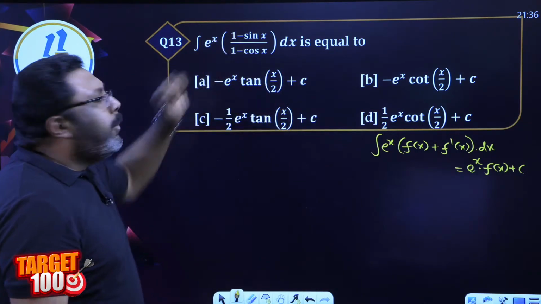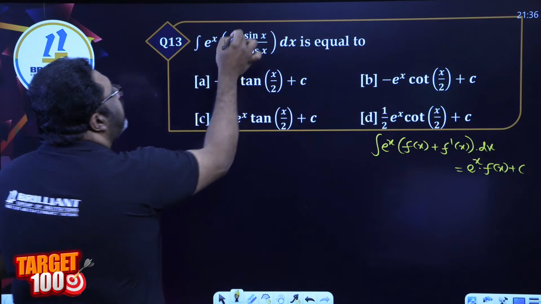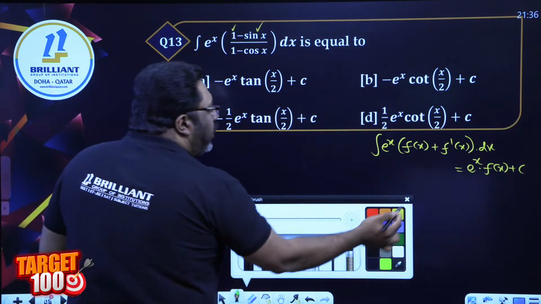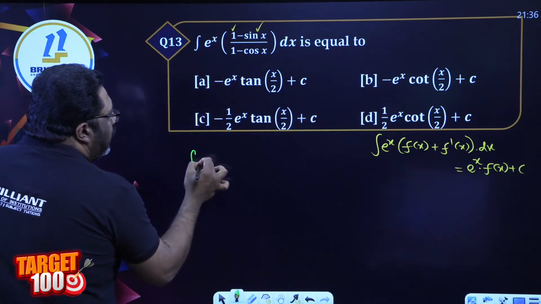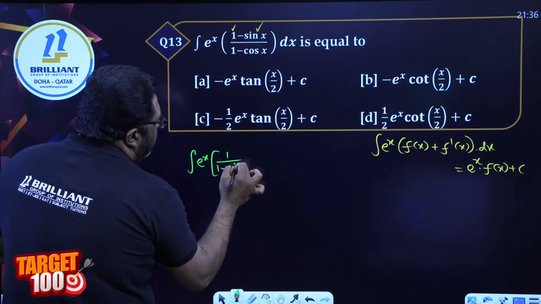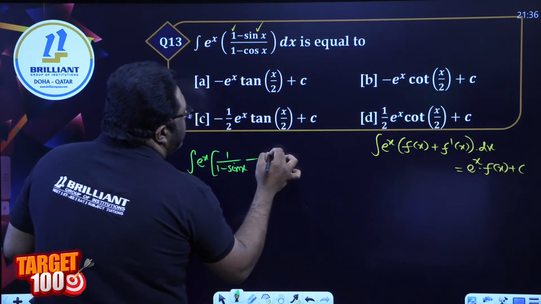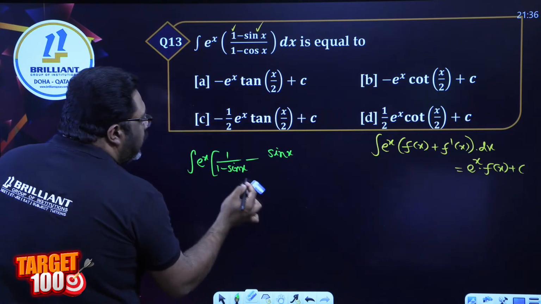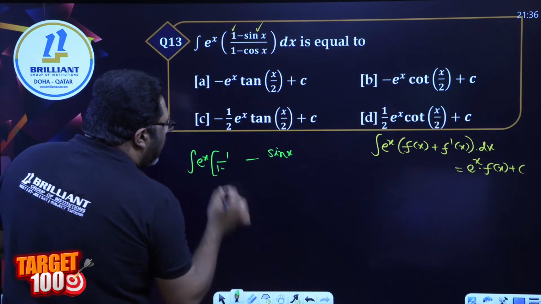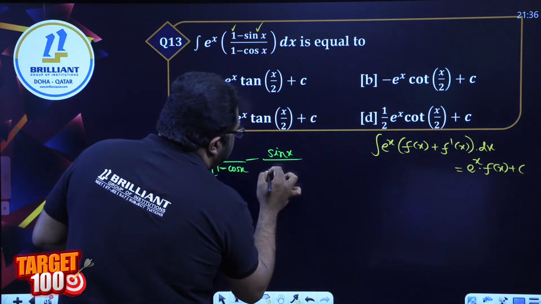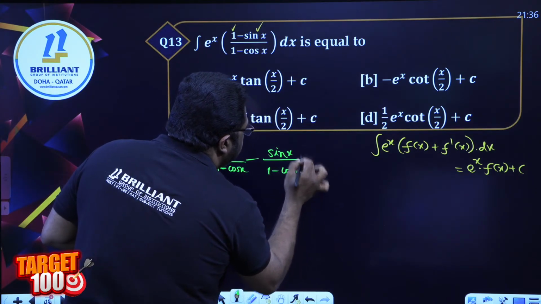So here I am going to split the numerator of the bracket using 1 and sin x so that I'll get 2 terms. The 2 terms are 1 by 1 minus cos x minus sin x by 1 minus cos x. Denominator is 1 minus cos x.